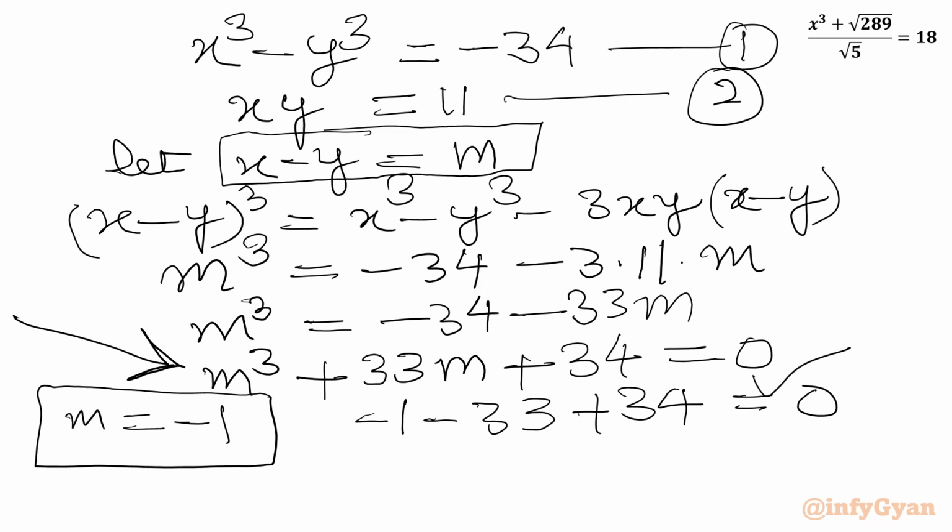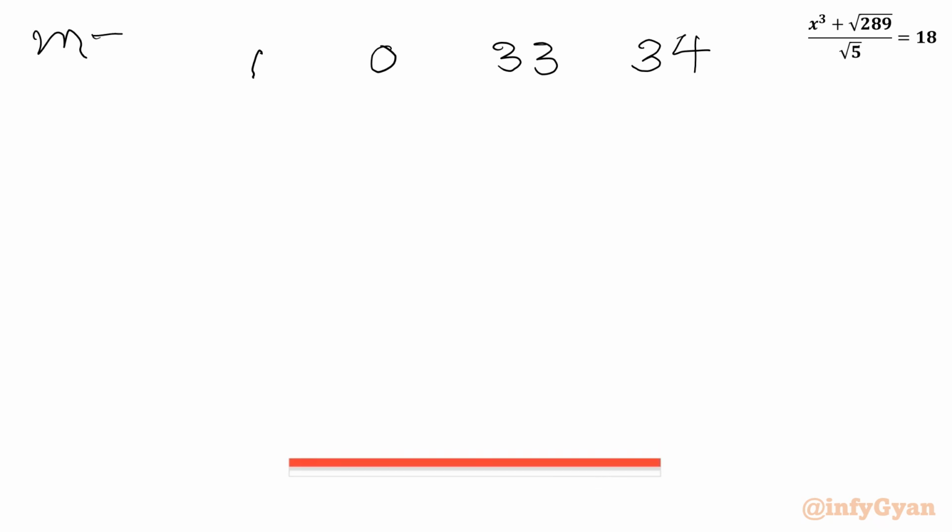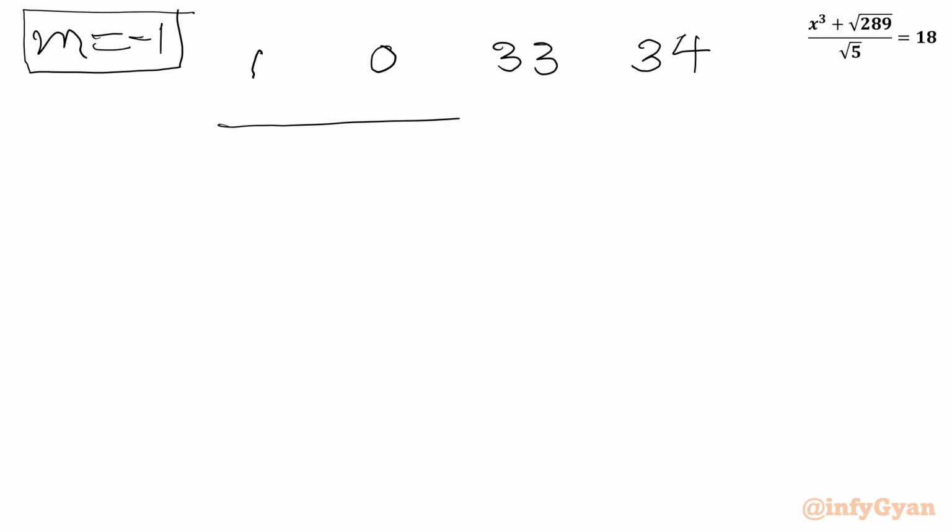Now we can easily use the synthetic division method. Let me write all the coefficients of the cubic equation: 1, 0, 33, 34. Base solution is m equal to minus 1. Now we will consider our leading coefficient as it is, 1. Minus 1 times 1, minus 1.